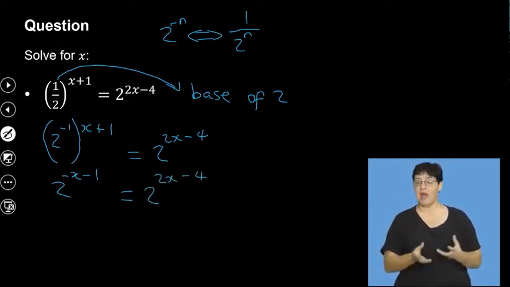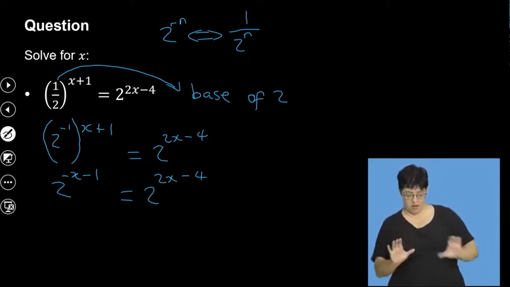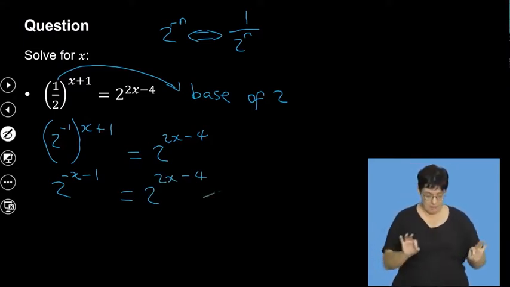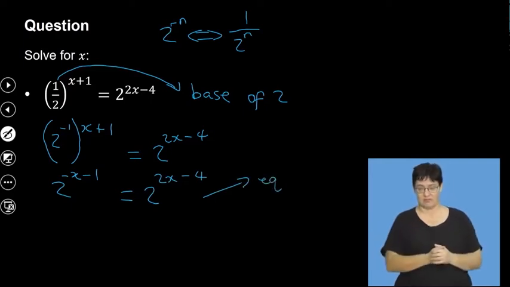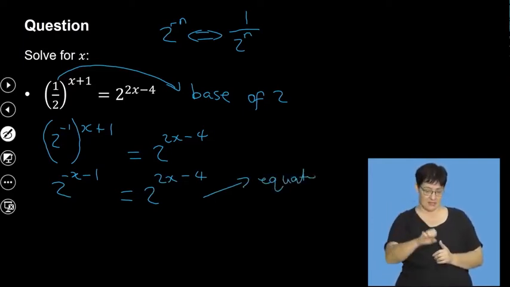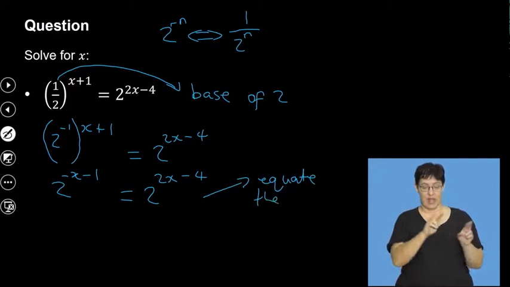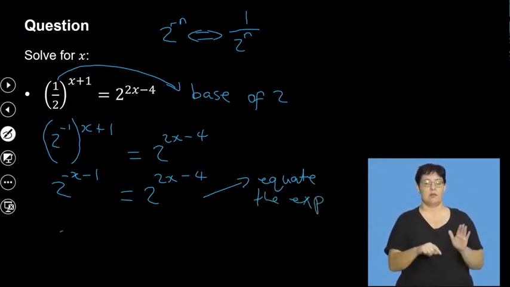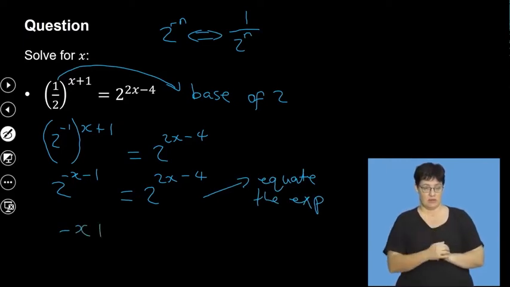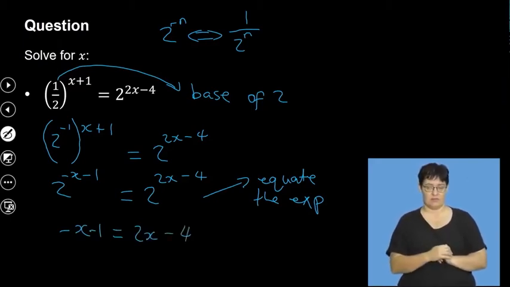I have 1 power, base is the same, then what do I do? The step will be to equate the exponents. Equate the exponents. So to do that, it will then be minus x minus 1 equal to 2x minus 4, right?